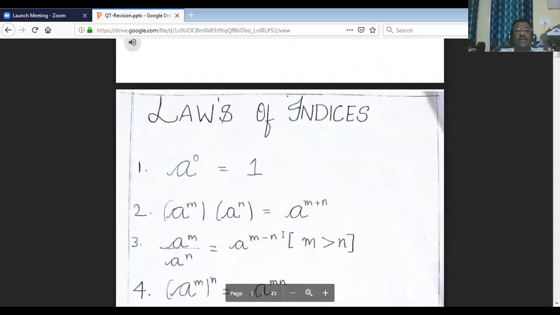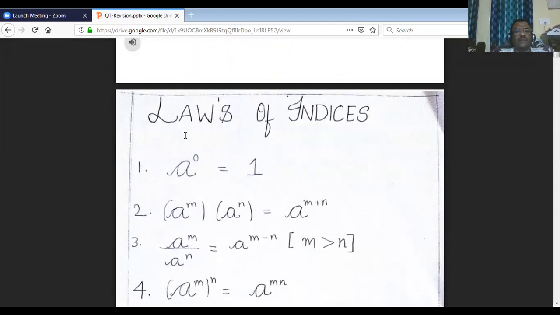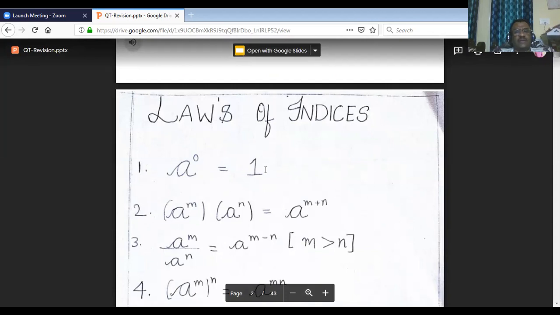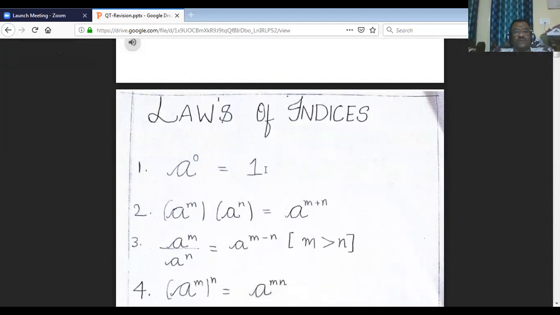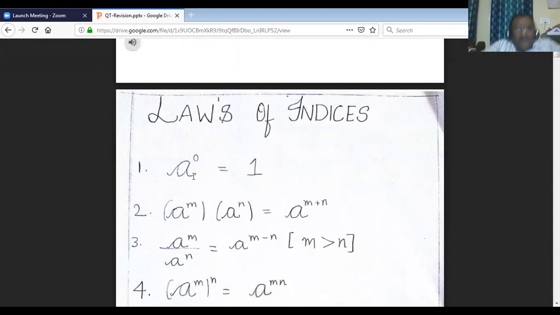Let me explain some of the basics of laws of indices. The first law says that a to the power of 0 is equal to 1. Any number or variable raised to the power of 0 is equal to 1.